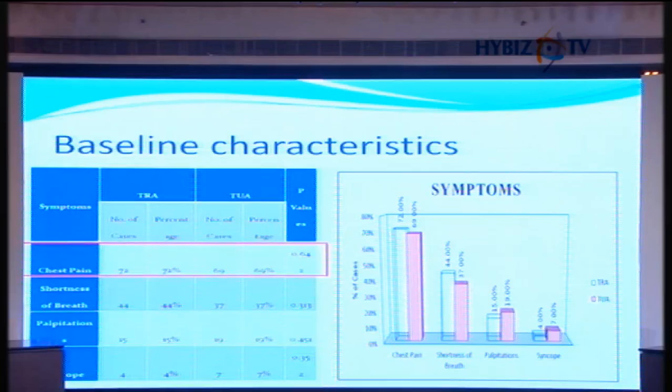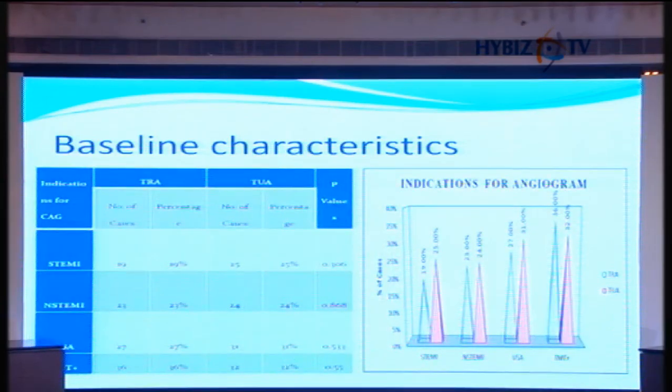The presenting complaint was mostly chest pain in both groups. In this study, the majority of the population belonged to the ACS group in both subsets. So this study would give us an idea about the use of transulnar access in ACS patients also, where transradial is the recommended route.